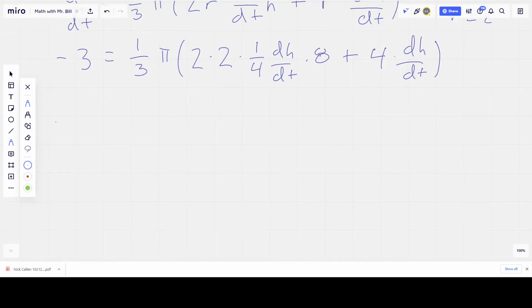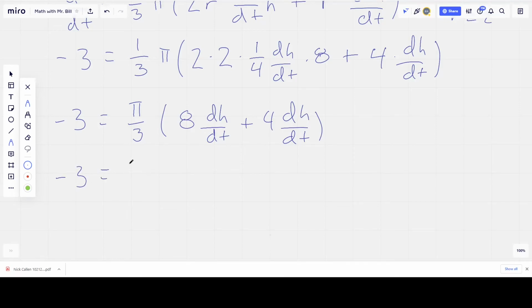So start to clean this up a little bit here. So -3 is equal to pi over 3 times 2 times 2 is 4, divided by 4 is 1. So this is 8 dh dt plus 4 dh dt. So keep going. So that's -3 is equal to pi over 3 times 12 dh dt.